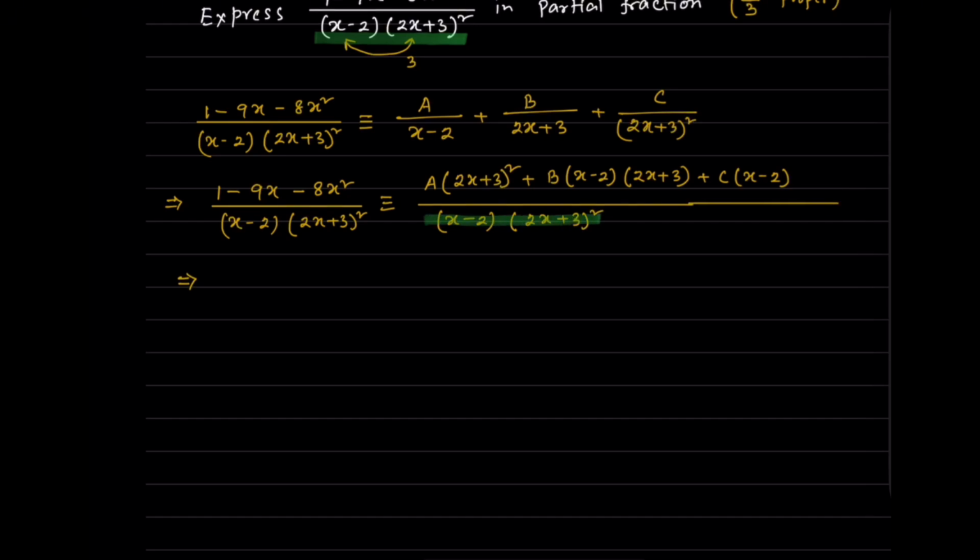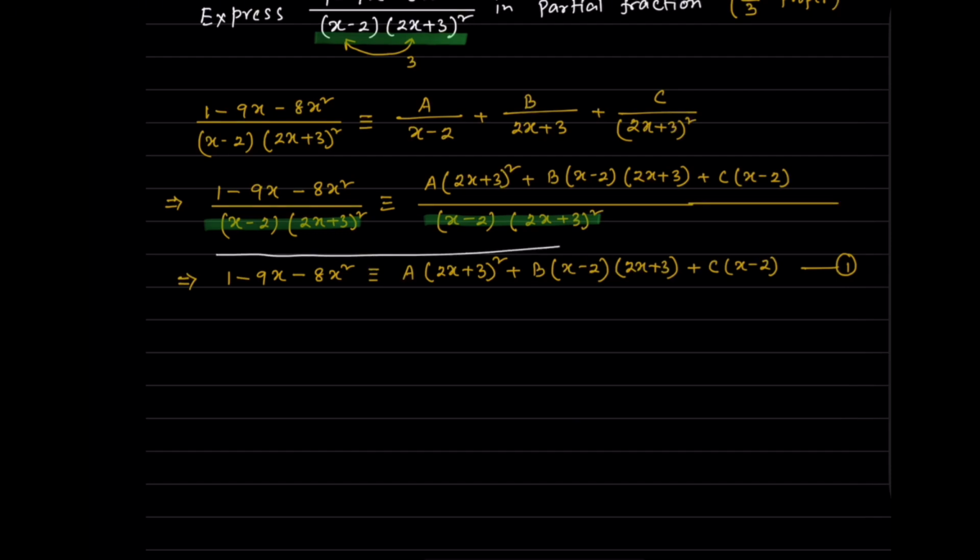And finally, our equation will be 1 minus 9x minus 8x squared is identical to a times 2x plus 3 whole square plus b times x minus 2 into 2x plus 3 plus c into x minus 2. So that is our main equation number 1.